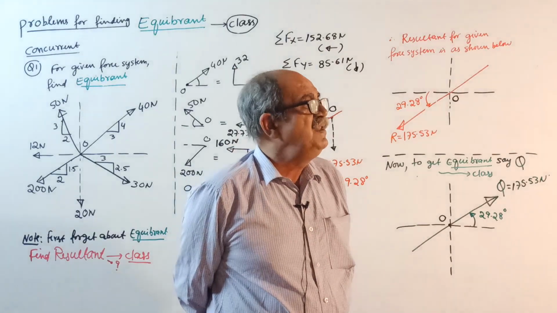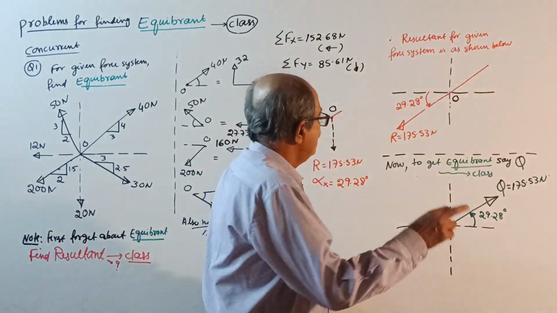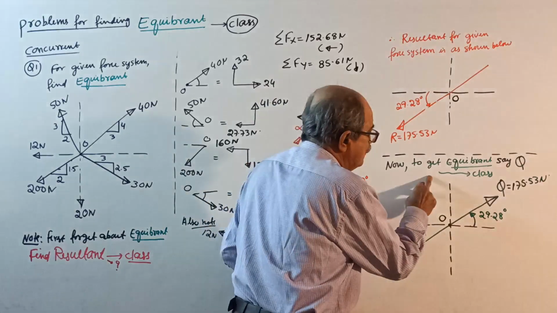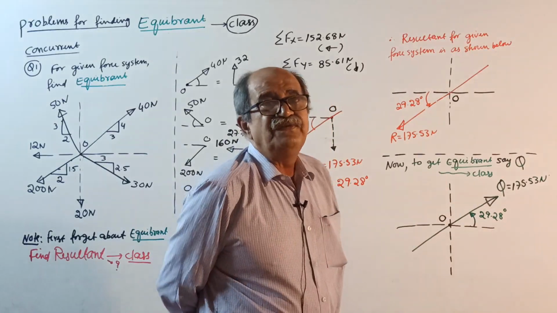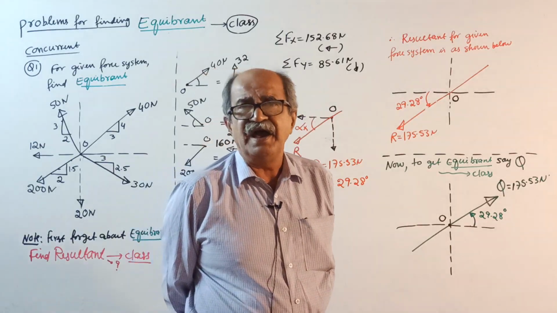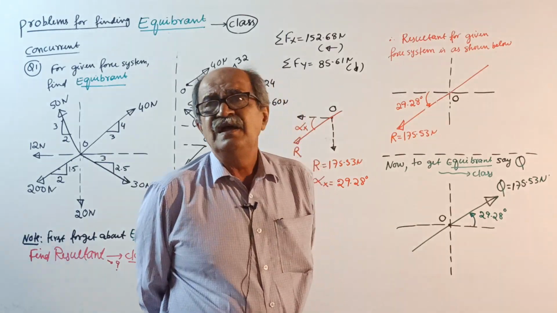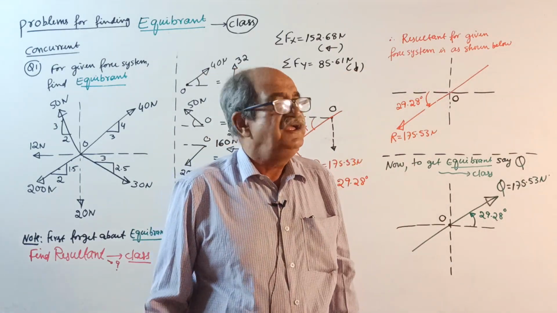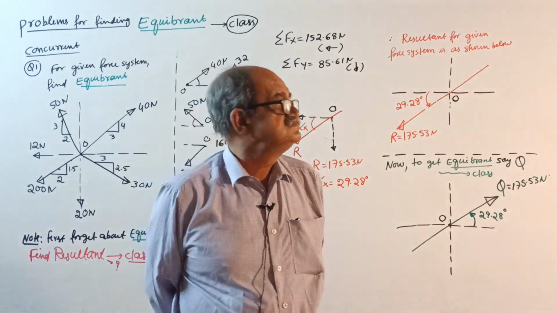If it is an examination, write a statement. Once I tell, next time I won't tell. Equibrant for a given force system is equal in magnitude but opposite in direction and will act in the same line of action if the resultant is a force.